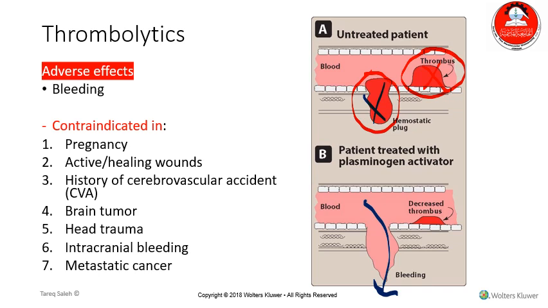It is okay for these drugs to be used to dissolve a clot leading to stroke if that was the first time the patient develops a cerebrovascular accident. But if they have a previous history of CVA, these drugs are contraindicated because they can cause severe cerebral hemorrhage. They also cannot be used in patients with brain tumors, head trauma, or intracranial bleeding. And lastly, they are contraindicated in patients with metastatic cancer.